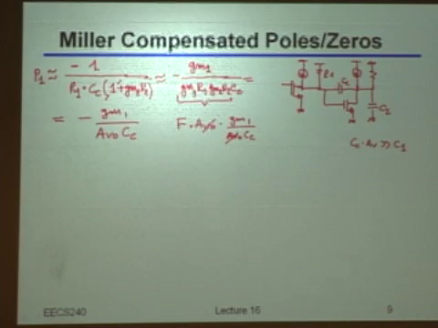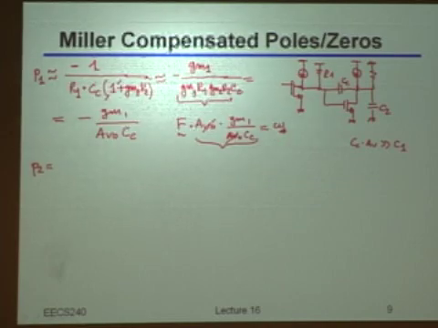And what about the second pole then? Basically, this is omega t, the crossover frequency of the loop gain. So it's basically F, the feedback gain, times the gain bandwidth of the open loop amplifier.